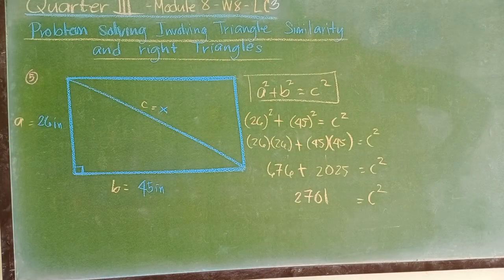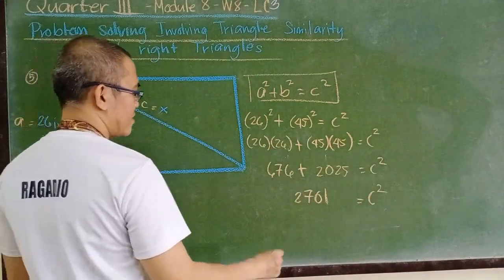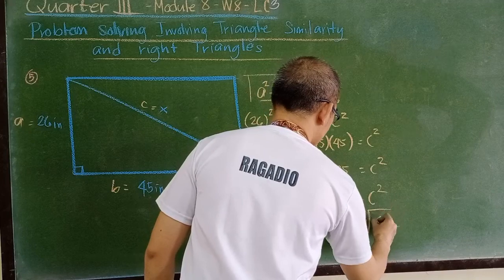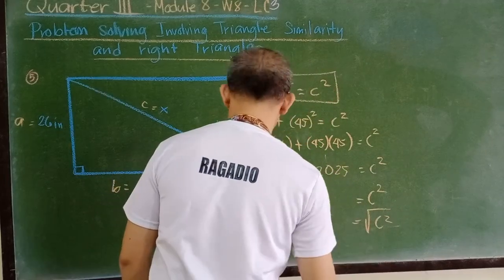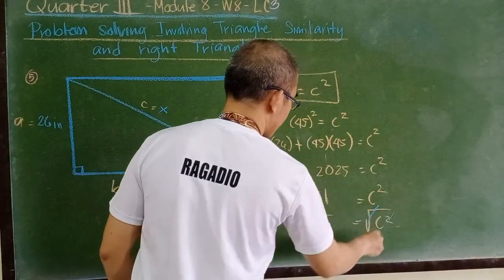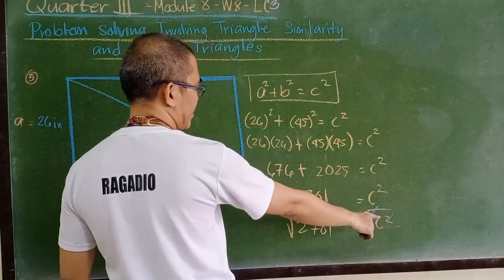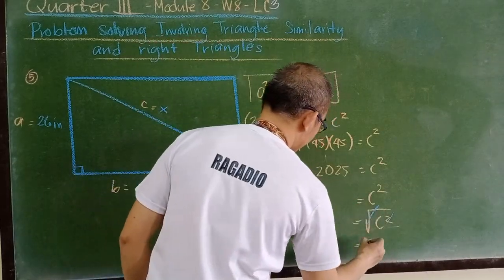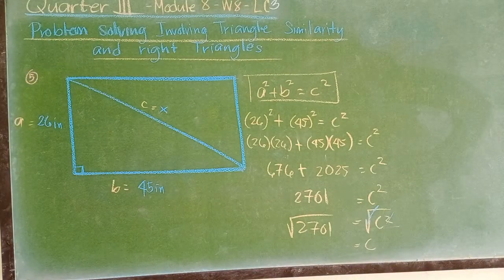Next, kailangan natin matanggal yung exponent na 2. So ang gagawin natin is square root natin both sides. So, dito sa may right side, pwede na i-cancel yung exponent na 2 tsaka radical sign. So, we have C. And then, square root of 2,701 is 51.97.